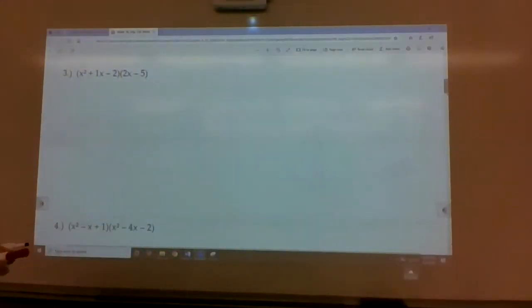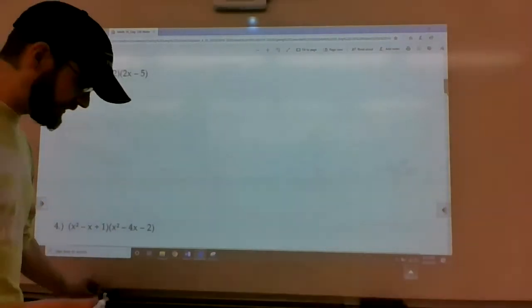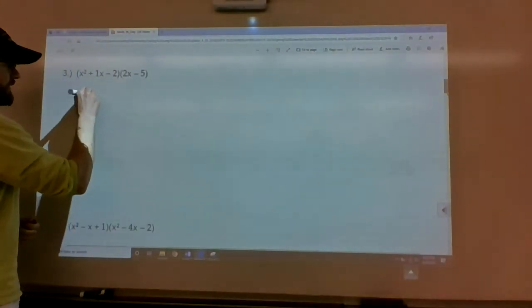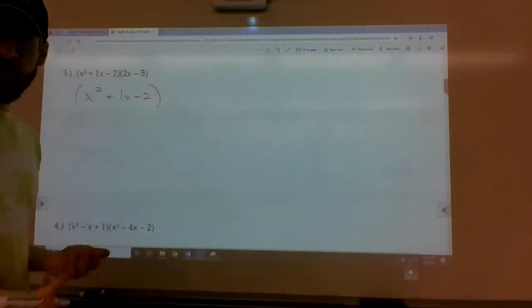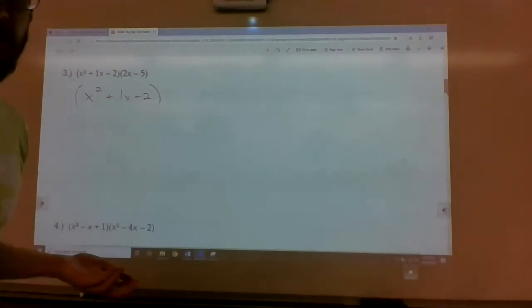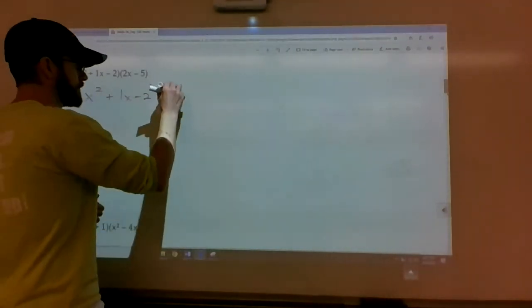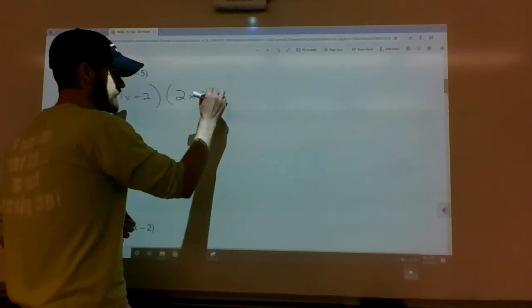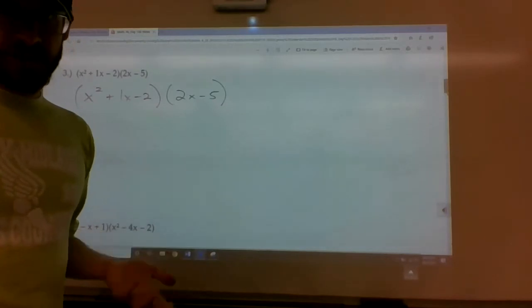All right, so on number 3, it appears that the only difference here is that the first polynomial is a 3-term polynomial instead of a 2-term polynomial. Well, the distributive property is not going to change here.